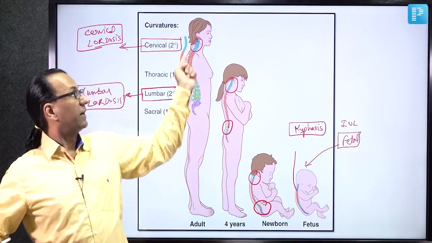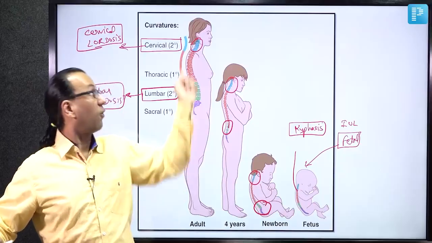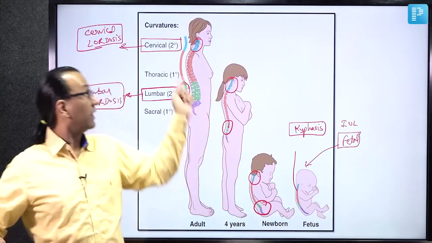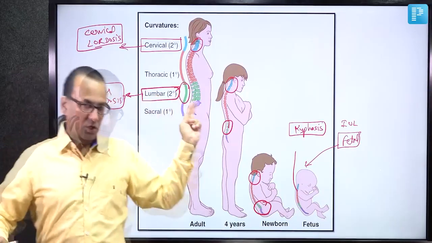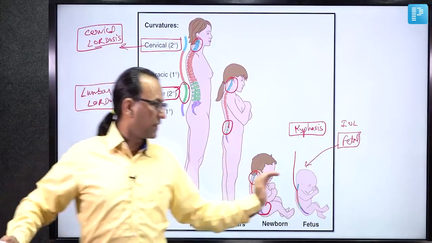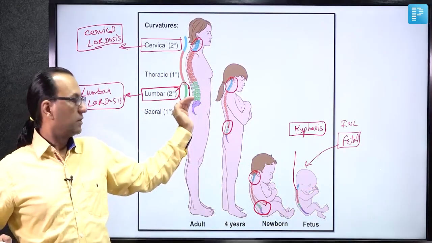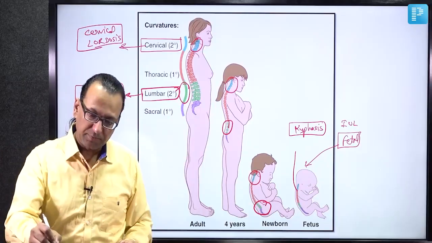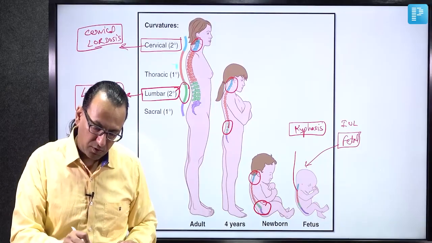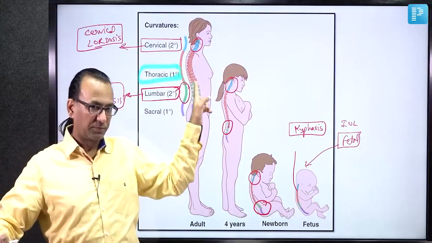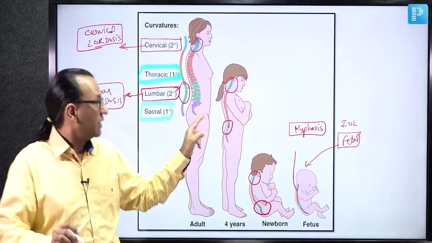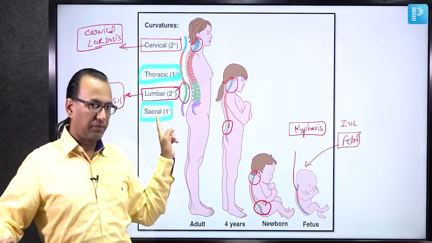Now both of these, maybe cervical or lumbar lordosis, they are acquired curvatures after birth, and they are second degree curvatures, and the primary curvatures which were already present in the fetal life remain in the thoracic region and the sacral region. You will understand that there we have got a thoracic kyphosis and also a sacral kyphosis. So these are the primary curvatures.